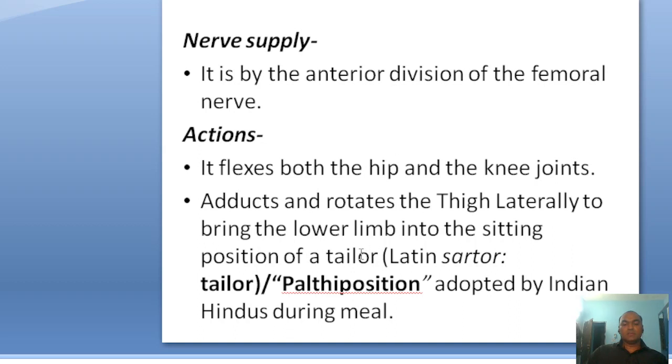So it is called the tailor's muscle, or the cross-legged position adopted by Indians during meals. In this position, lateral rotation of the thigh occurs. So this action is produced by the sartorius muscle. The hip and knee joints flex along with abduction and lateral rotation of the thigh.